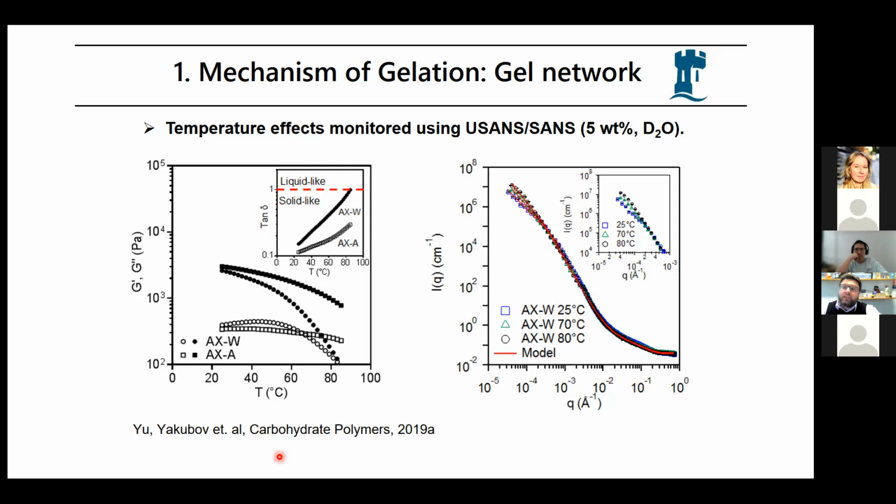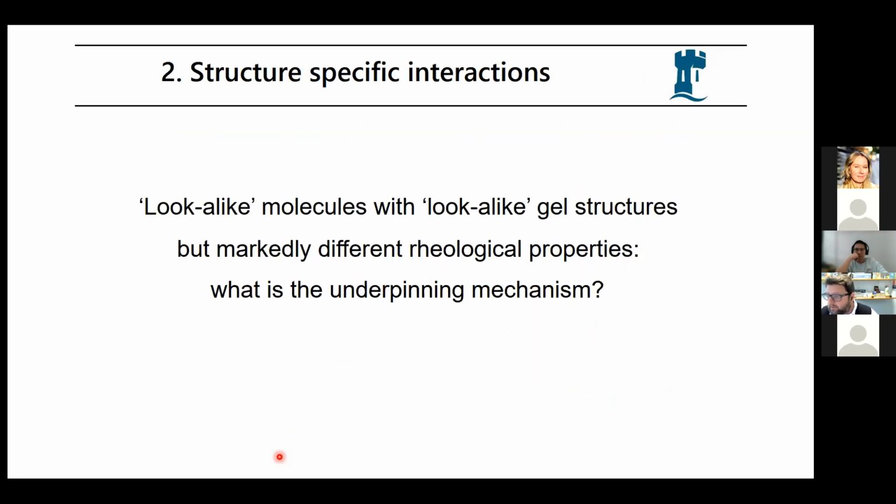If you think about the entangled solution at the high temperature or the fully gelled solution at the low temperature, yes, they are totally different from a rheological perspective, but structurally they are almost identical. So these are lookalike molecules with lookalike gel structures, but markedly different rheological properties.